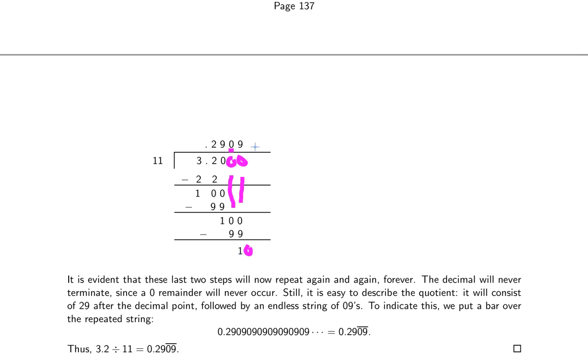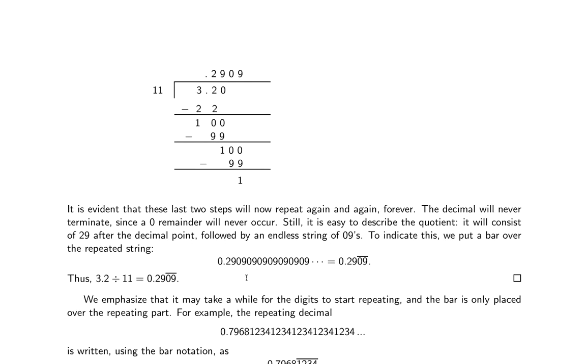11 into 10 goes 0 times. And 11 into 100 goes 9 times. So now we can see a more complicated pattern. It's 0, 9, 0, 9, 0, 9 repeating.